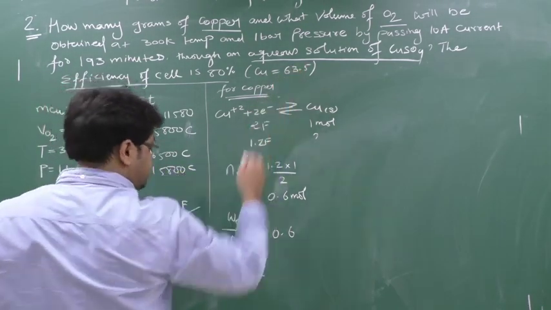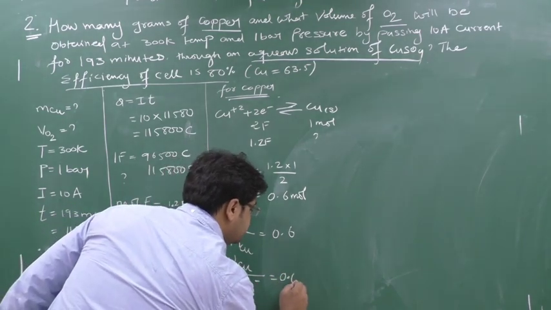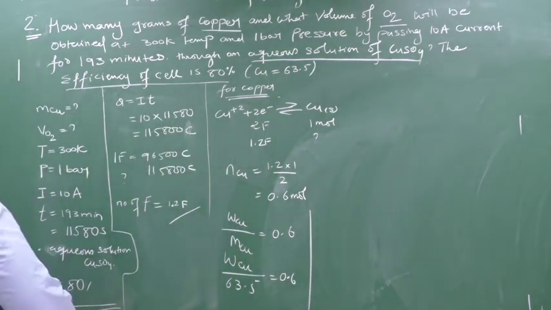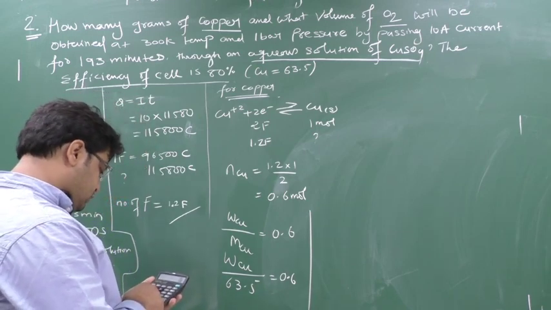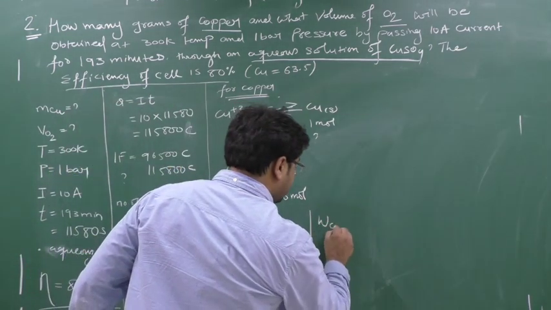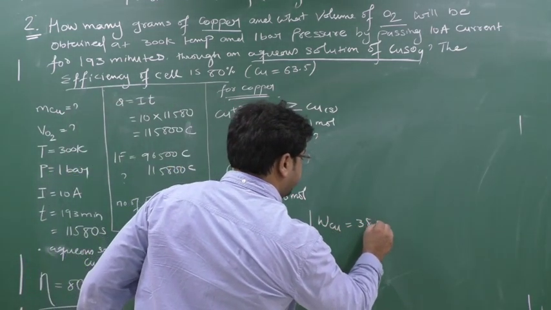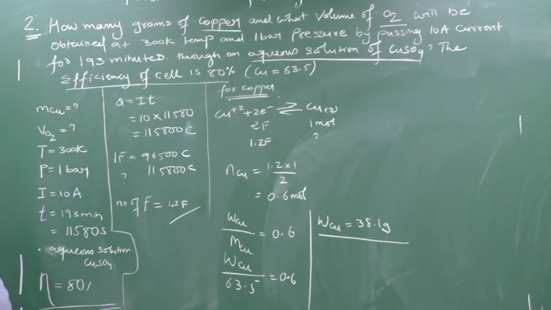It is given in the question, 63.5. So 0.6 into 63.5, I will get 38.1 gram of copper. This is my answer: the weight of copper I will get is 38.1 gram.